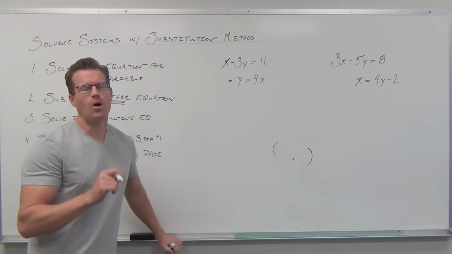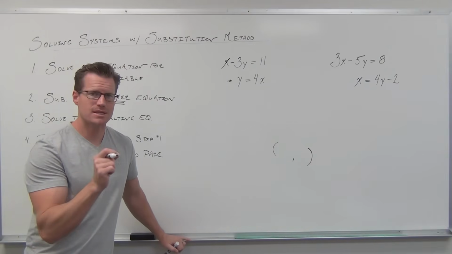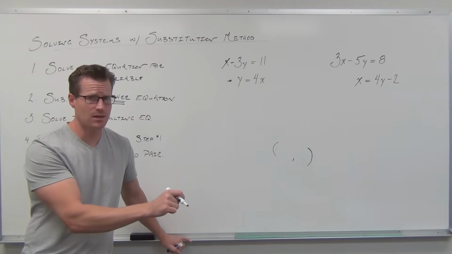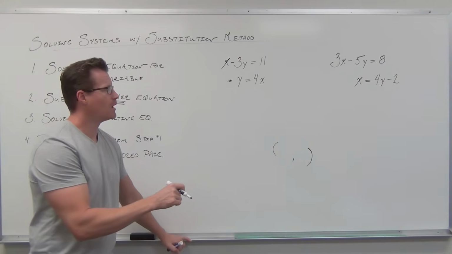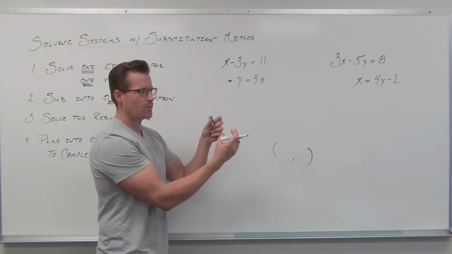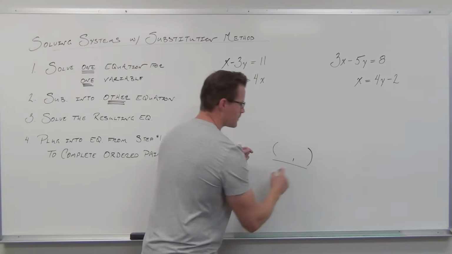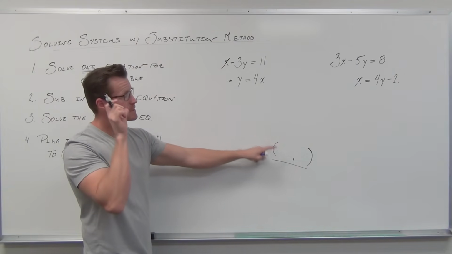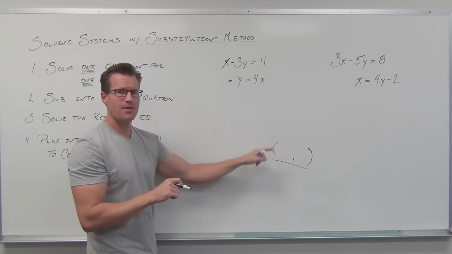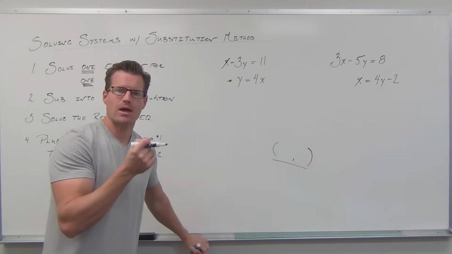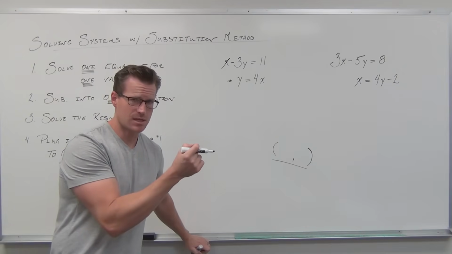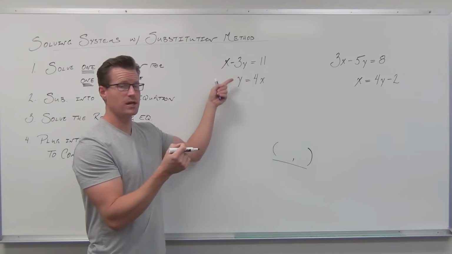Step number two is where all the magic happens. Here's the idea. I'll say it a couple times, but this is the most in-depth I'm going to get on it, so you've got to focus here. What we get to do with systems of equations, with that one point, if that one point satisfies both of these equations, that one point is on both of these lines, that one point says my y coordinate for that one point is going to be the same no matter what equation I use.